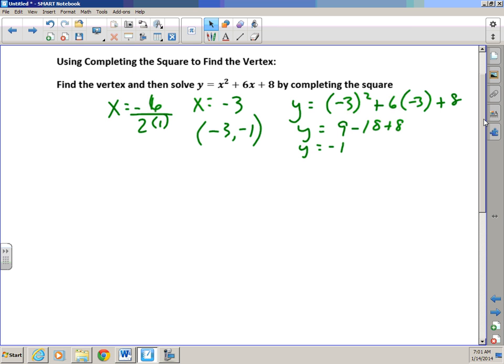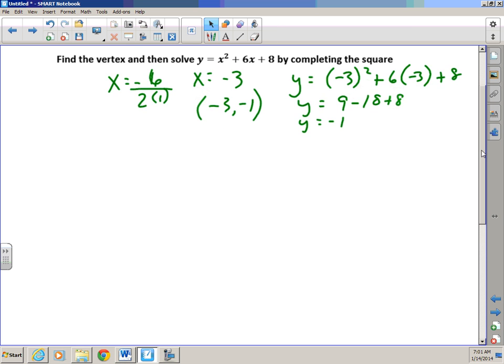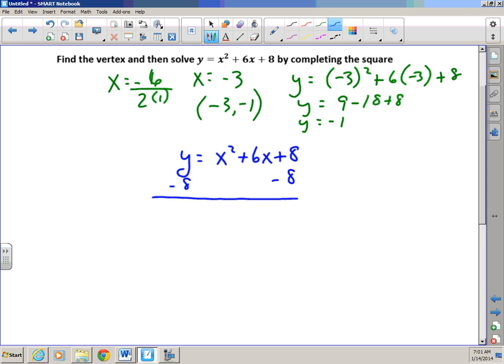So now, let's do it by completing the square, because I don't have a perfect square trinomial. So, I have y equals x squared plus 6x plus 8. Right? And remember, what we're trying to do is find that minimum or maximum point. I want to subtract the 8, because I want to create a perfect square trinomial.